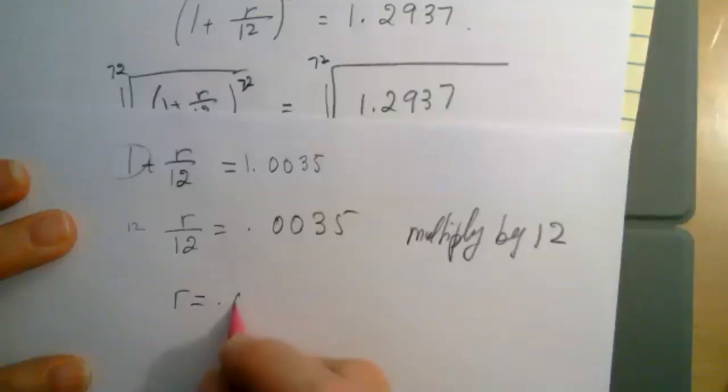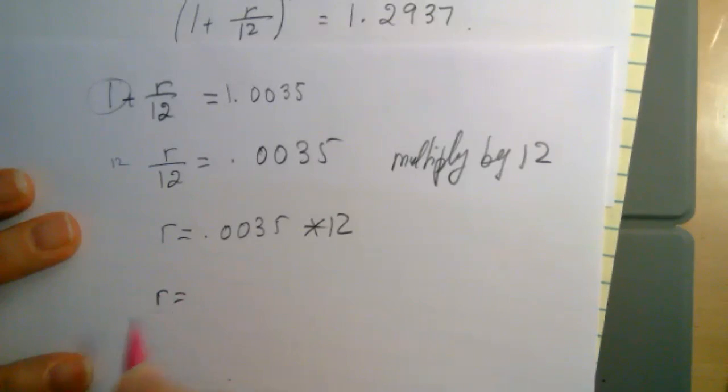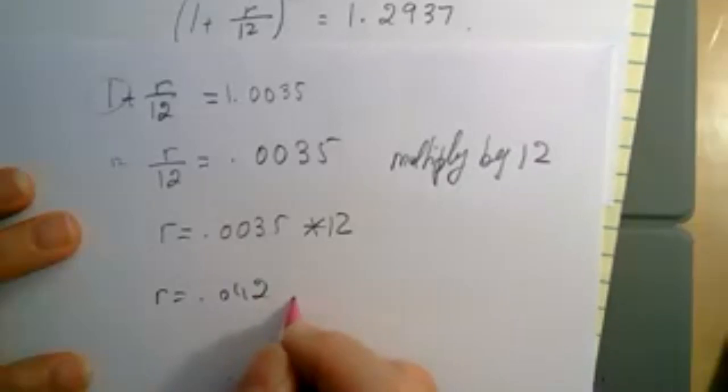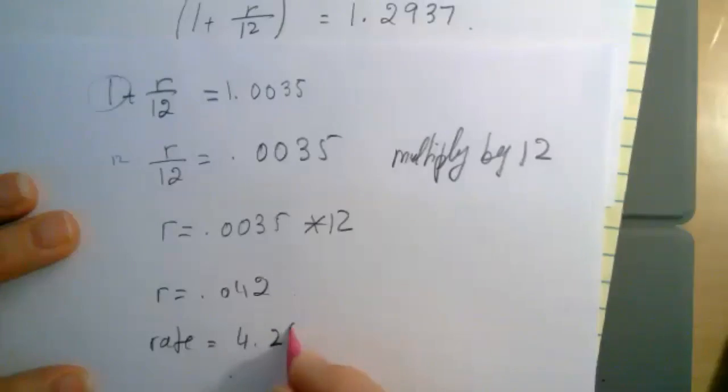And this leaves me with 0.0035 times 12, and finally I'm gonna get 0.042. So the rate was compounded monthly 4.2%.